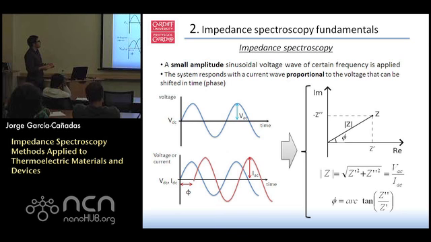Once we run this experiment at a given frequency, we can plot the result into the complex plane. So we have a point which is given by the modulus, which is provided by the ratio between the AC amplitudes, and the angle of this vector is the phase. You can get the angle from the tangent.